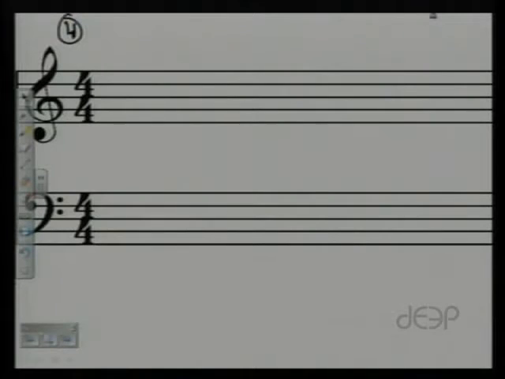If we look at number 4, we have an E-flat major scale. So here's the way I want you to do this. Before you write any notes on the staff, I really recommend that you write the letter names. E-flat to E-flat. And now we know we're going to use every letter name. F, G, A, B, C, D, and E-flat.